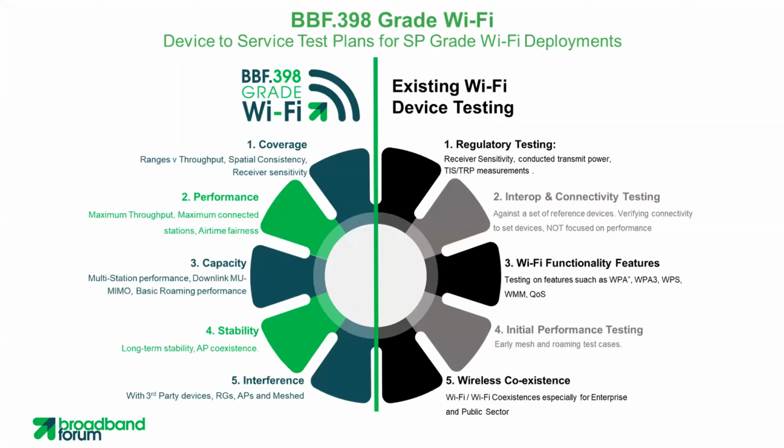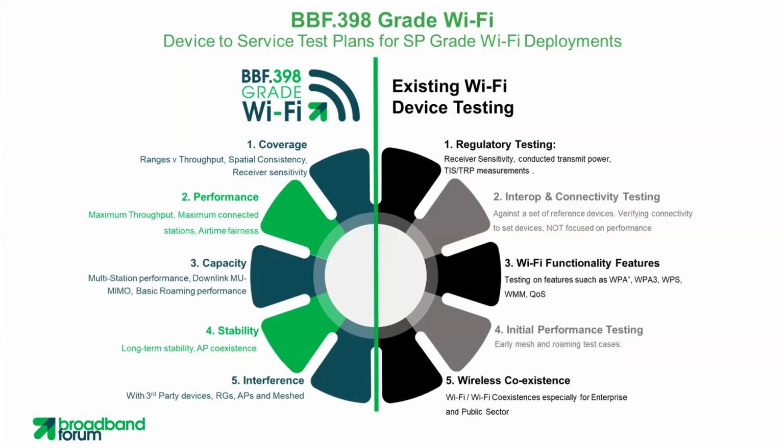They wanted the things on the left, and that is not to discount at all the things that are on the right. The industry has done very well at designing, testing, and validation for the things that you see on the right-hand side of this. But there were some gaps that operators were seeing.